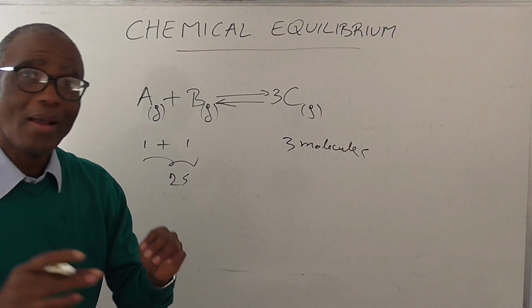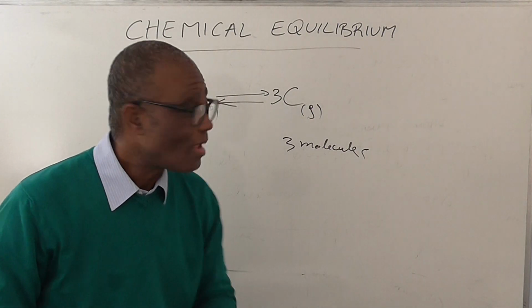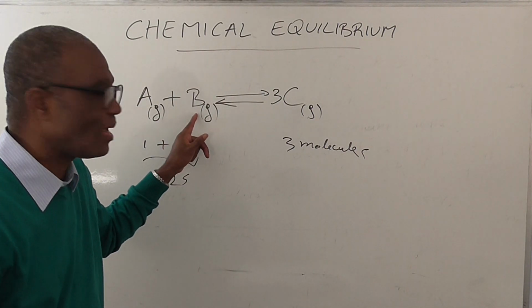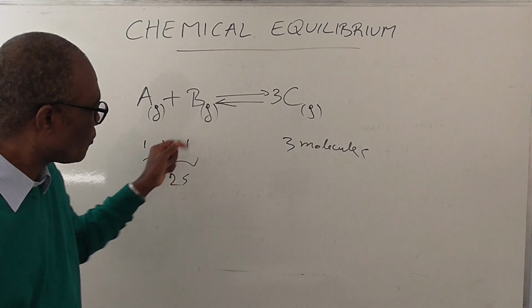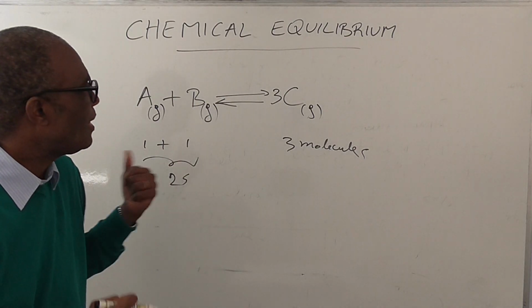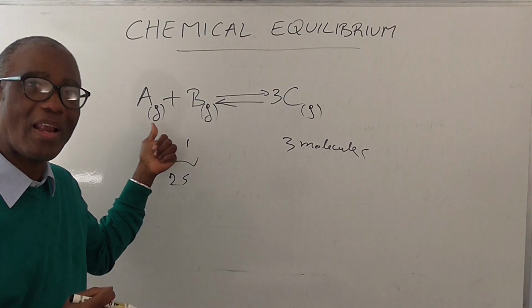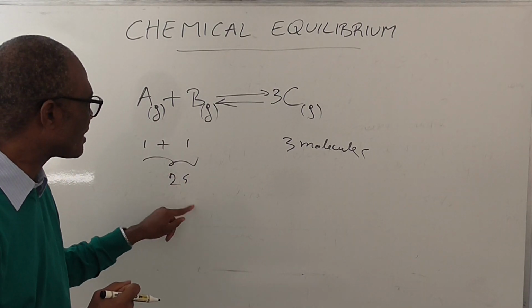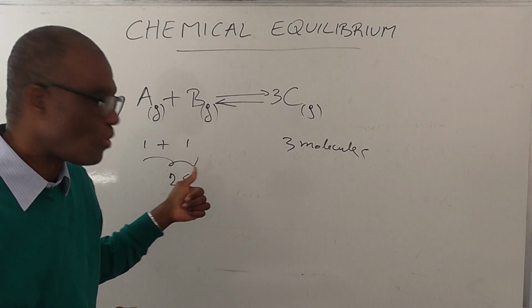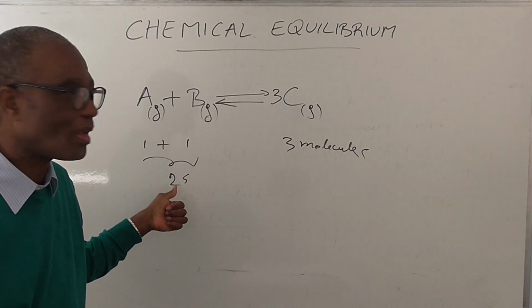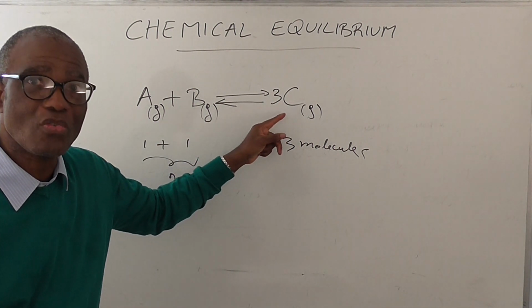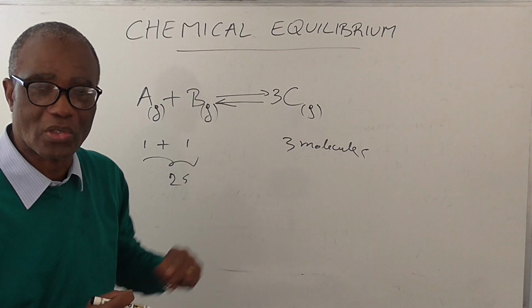So, according to Le Chatelier, if we increase the pressure, the equilibrium shifts to the left, because at the left-hand side we have only two molecules but at the right-hand side we have three molecules.